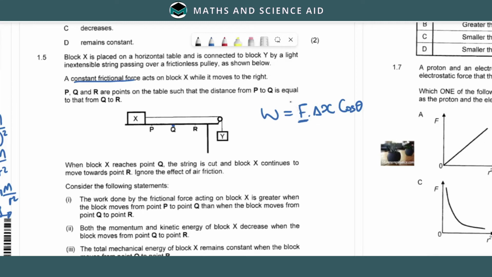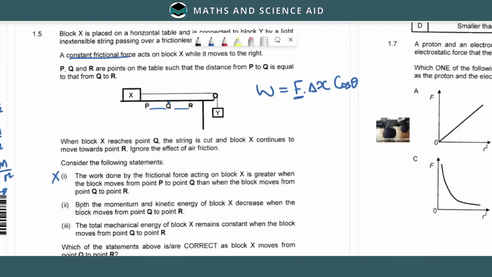In addition to that, we were told that the distance from P to Q is equal to the distance from Q to R. So it means that the work when the block is moving from P to Q should be exactly equal to the work that the friction does when the block moves from Q to R, because these distances are equal and the frictional force that the block will be experiencing is constant throughout. So this is an incorrect statement.